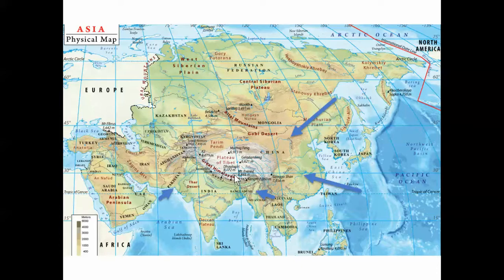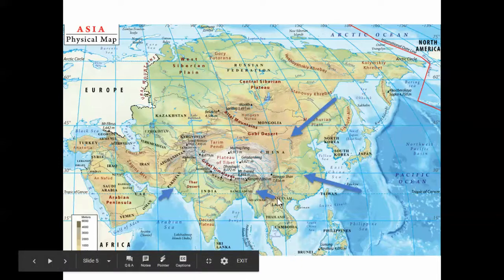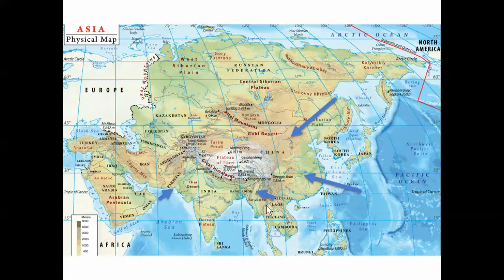Then, north of that, arcing the same way, is the Brahmaputra, which runs through Bangladesh and then out into the Bay of Bengal. And then lastly, in Southeast Asia is the Irrawaddy.